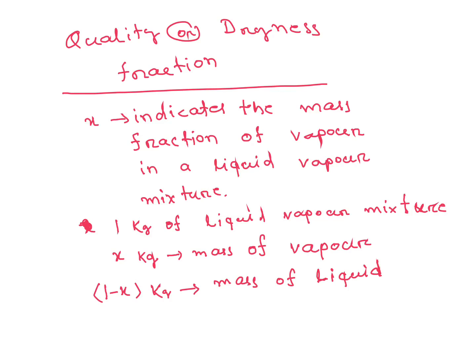X is equal to mass of vapor divided by mass of vapor plus mass of liquid. Many times they will ask this type of question: they will give the mass of vapor and mass of liquid, then you have to calculate the dryness fraction. This is important for IAS also.